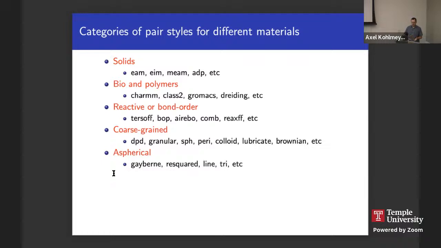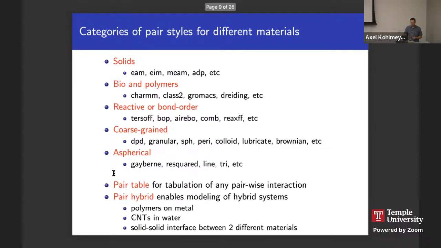For reactive or bond order, there's the many-body Tersoff potential, and REBO, COMB, ReaxFF, which is the reactive force field, etc. There's pair styles for coarse grain simulations like dissipative particle dynamics or granular. And then you can even have non-spherical interactions with like a Gay-Berne ellipsoid or other more exotic potentials in LAMMPS, like triangles.